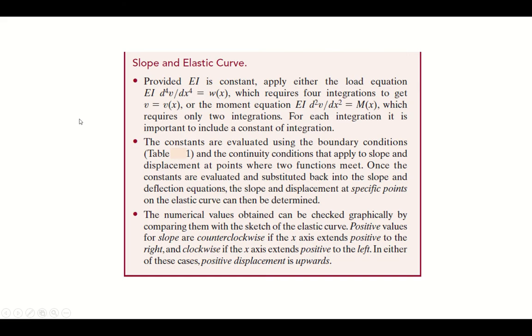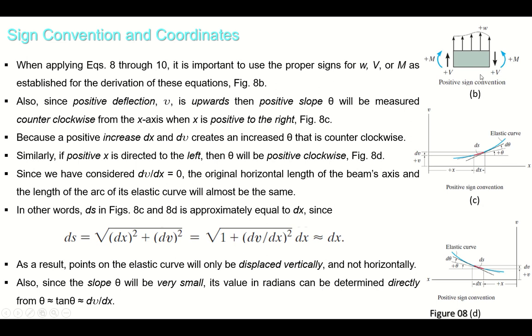Okay, so as we previously discussed, this sign convention will be taken as positive for the bending moment, and when applying equations 8 through 10, if you remember, equation 8 was for the load diagram and 10 was for the bending moment diagram, it is important to use the proper signs for W, V or M as established for the derivation of these equations, right?